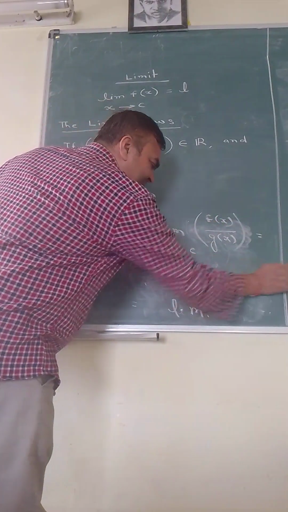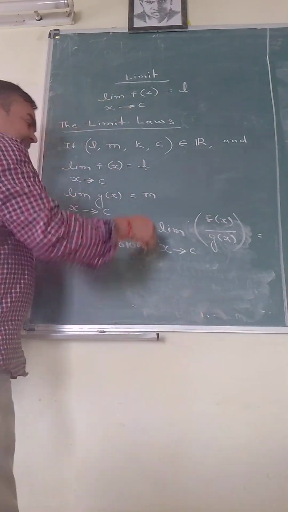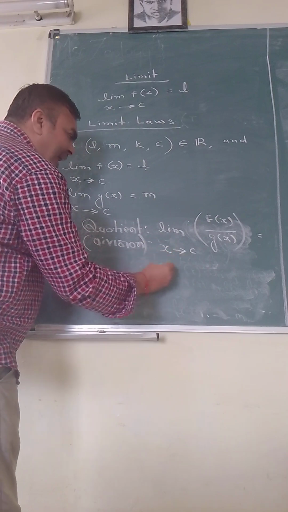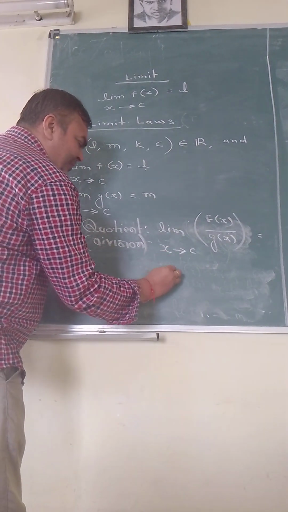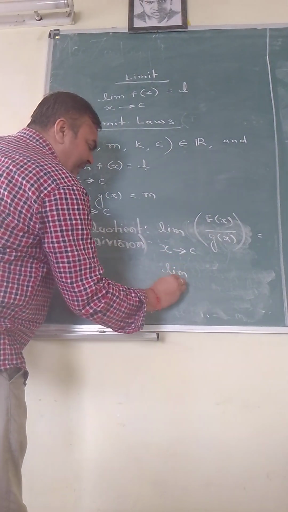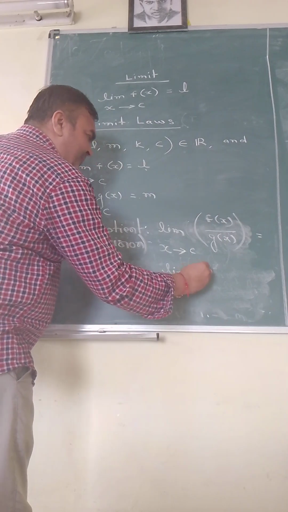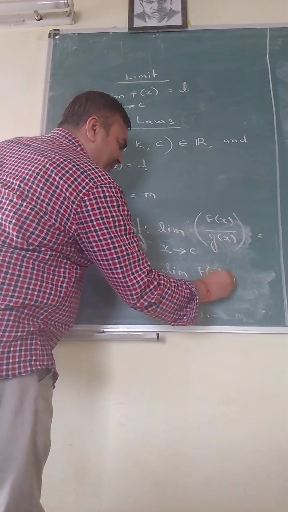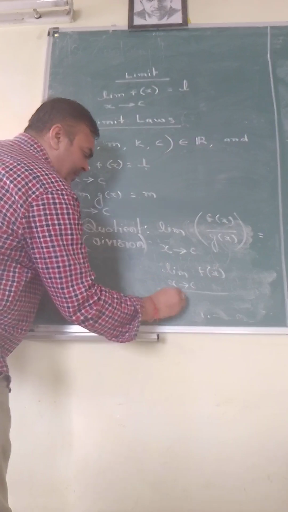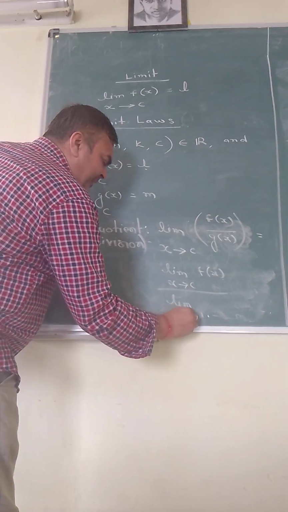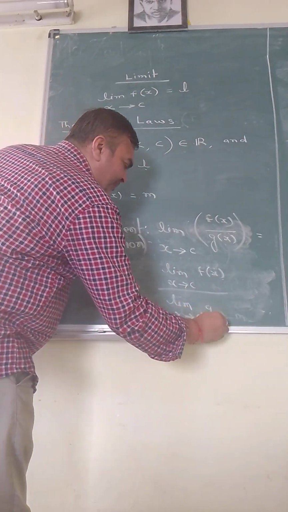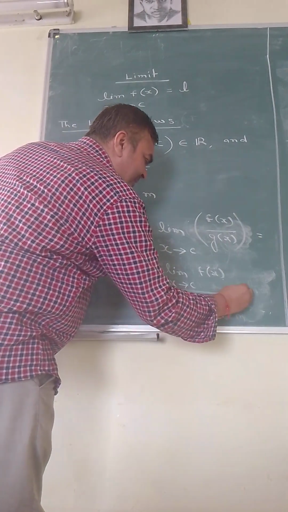Thus this is generalized as the limit as x approaches c of f(x) over the limit as x approaches c of g(x).